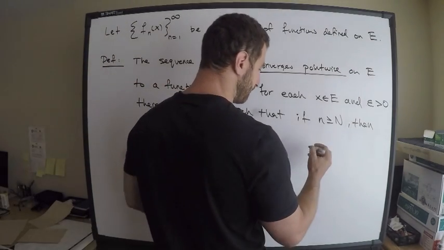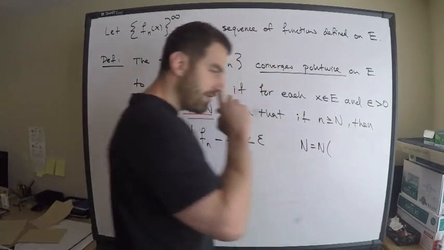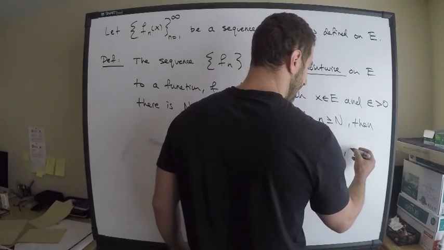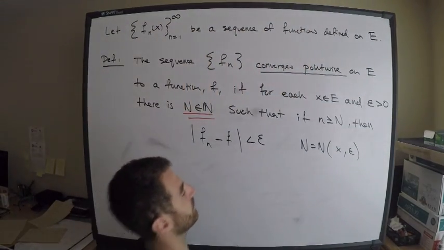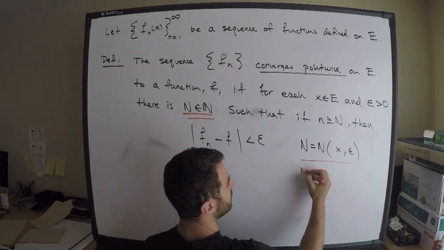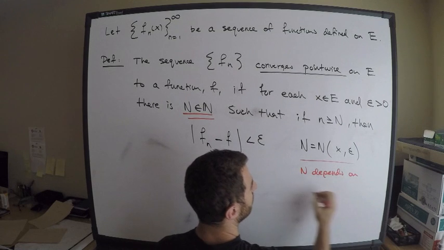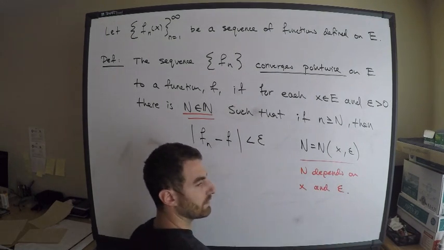We say that N depends on x and epsilon. This is the sort of distinguishing feature. So N depends on x and epsilon.